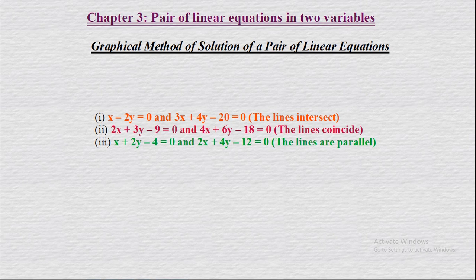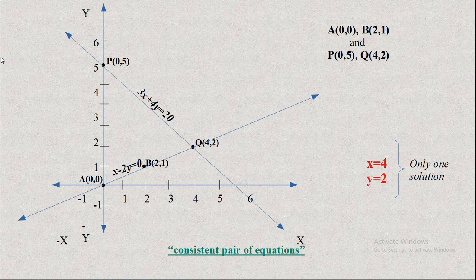The first example was the pair of linear equations in two variables x and y: x minus 2y equal to 0 and 3x plus 4y minus 20 equal to 0. When plotted, their graph was like this. The two lines representing the two linear equations were intersecting each other at a single point.